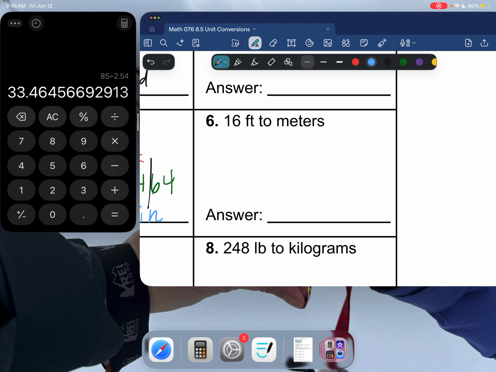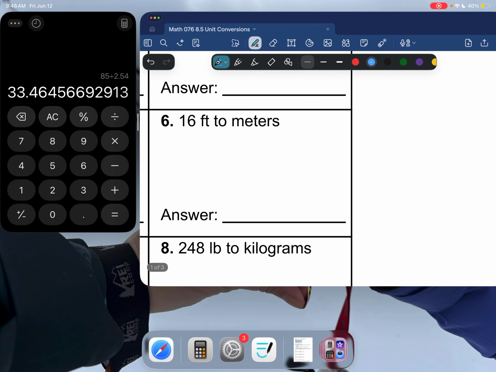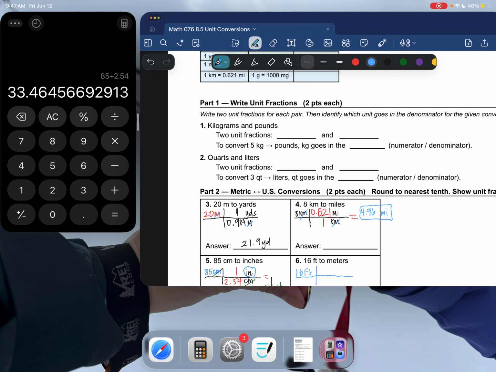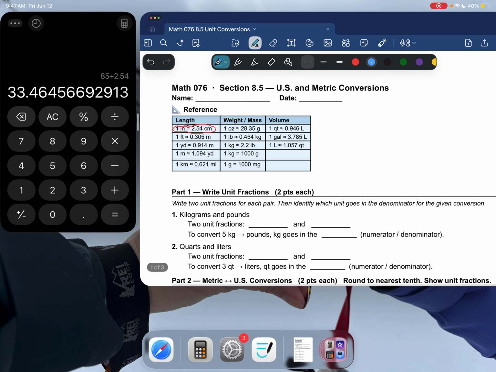Okay, 16 feet into meters. Okay, let's find my conversion factor from meters to feet.